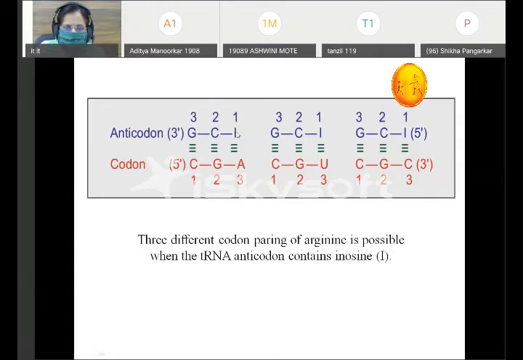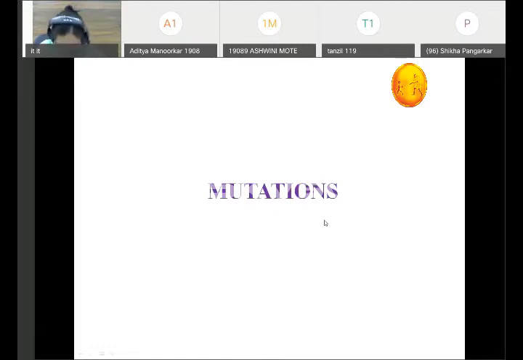If the first base in the anticodon is inosine, then we have three types of anticodons that identify arginine. Okay. Now coming to the other part of our lecture today, that is mutations.